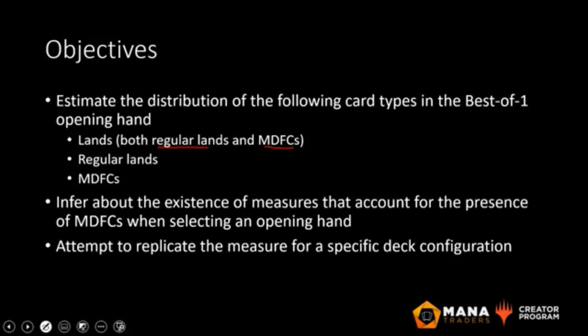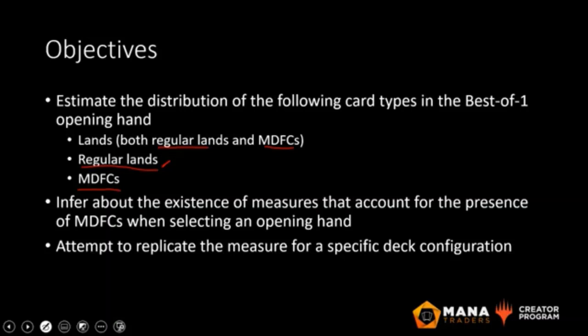We also want to estimate the distribution of just the regular lands, by which I mean lands that are either just lands, or MDFCs that are lands on both sides. For simplicity in the experiment, we just used basics. The third is the distribution of the MDFCs, the modal double faced cards. We want to estimate all three distributions and compare them to what we expect them to be, given that we are playing best of one.